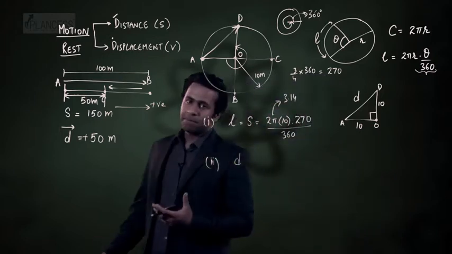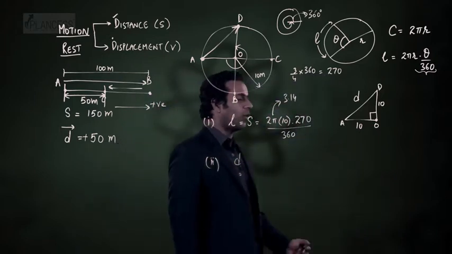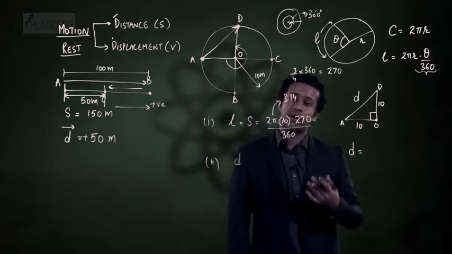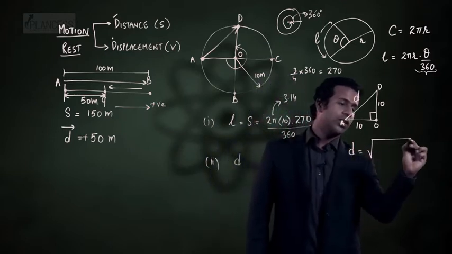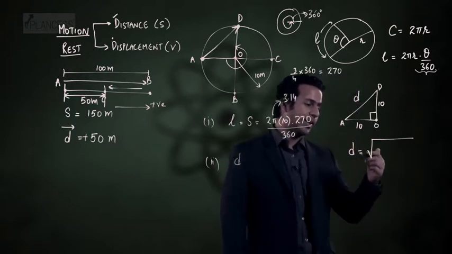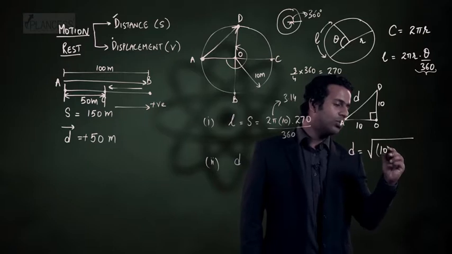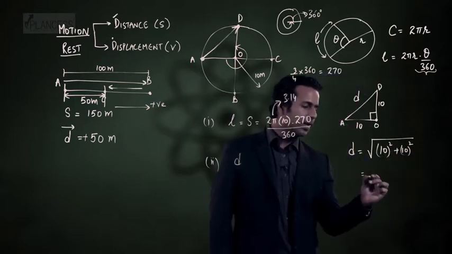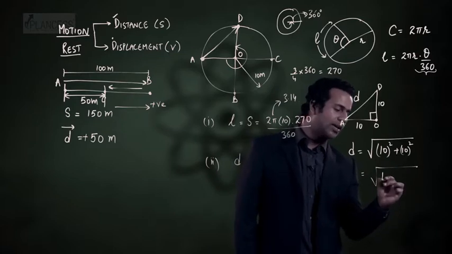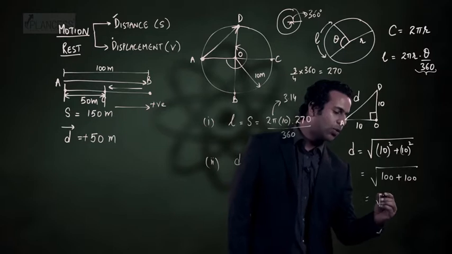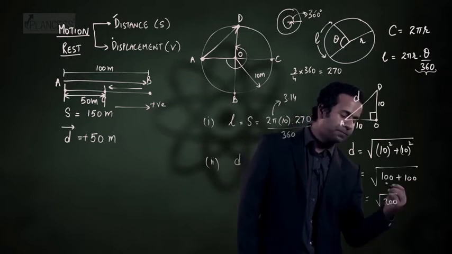So clearly the displacement can be found using Pythagoras theorem, which tells us that the hypotenuse is equal to the square root of base square plus height square. So we get the square root of 10 square plus 10 square. The square of 10 you know is 100, so this becomes 100 plus 100, which is basically the square root of 200.